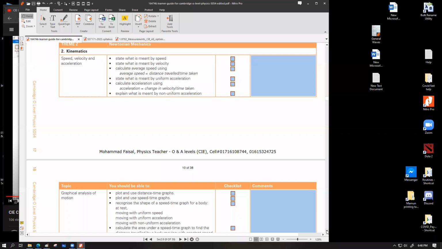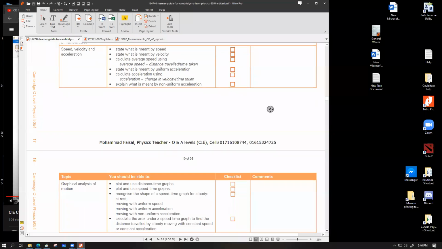I'll slowly bring this down, or maybe I can actually put it into auto mode.